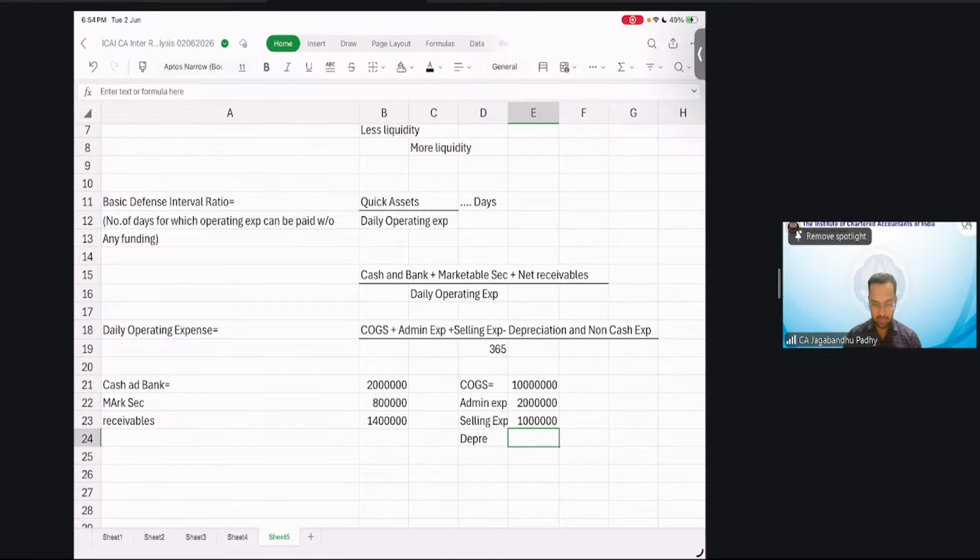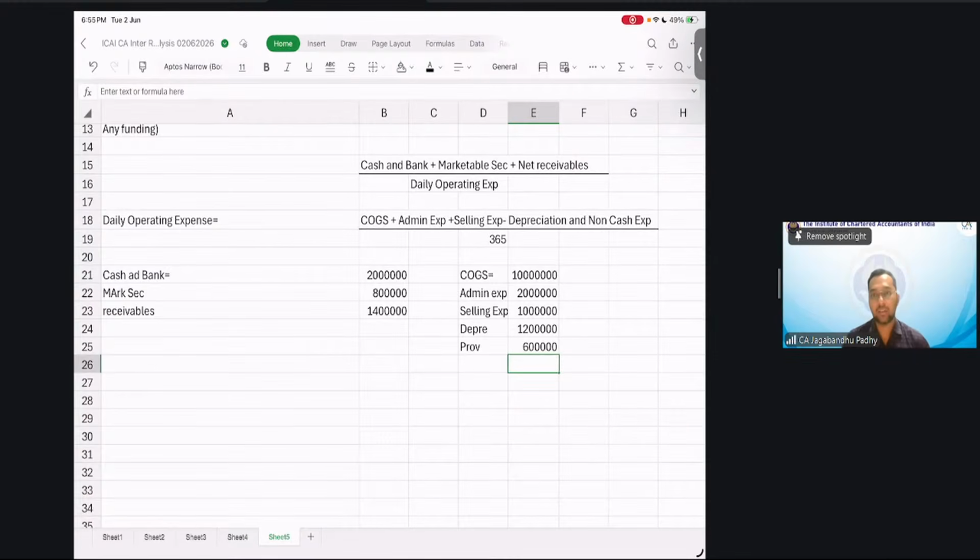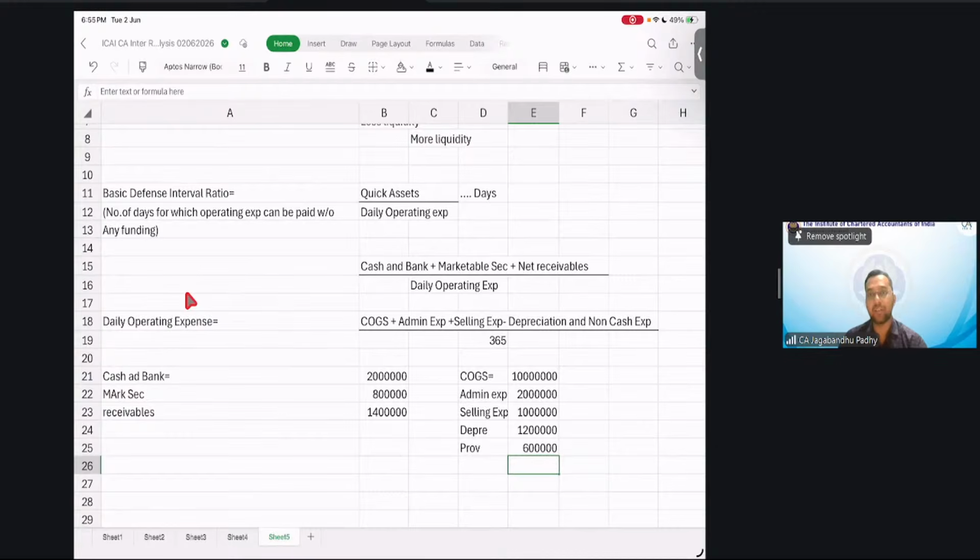Depreciation is, let's say, 12 lakh. Okay. And provisions are, let's say, 6 lakh. Calculate the basic defense interval ratio, guys. COGS is cost of goods sold.